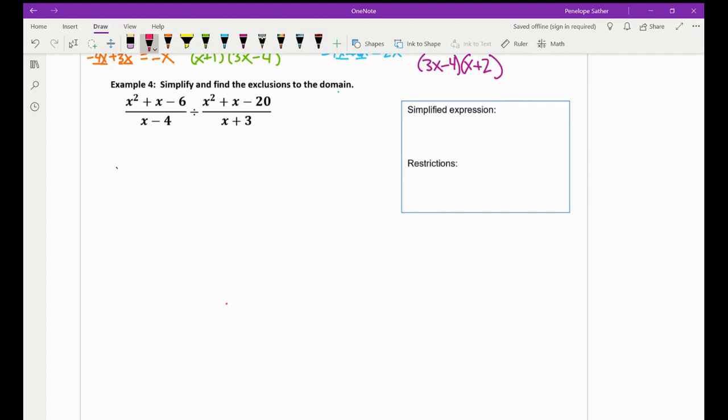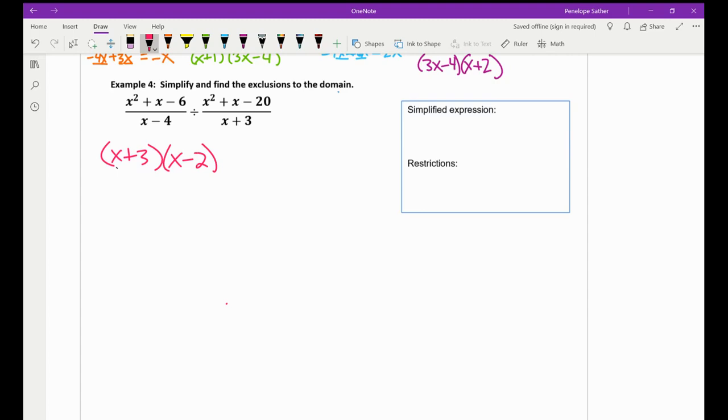All right, so for example 4, we'll start by factoring our first numerator, x squared plus x minus 6. When we factor it, we end up with x plus 3 and then x minus 2.